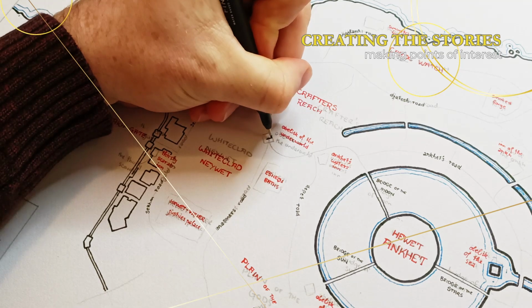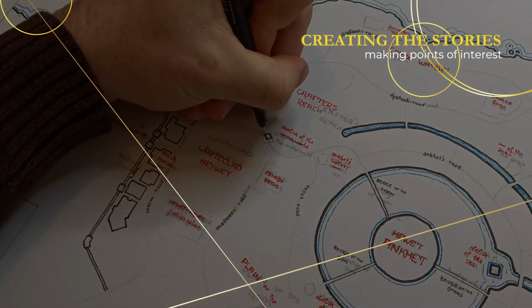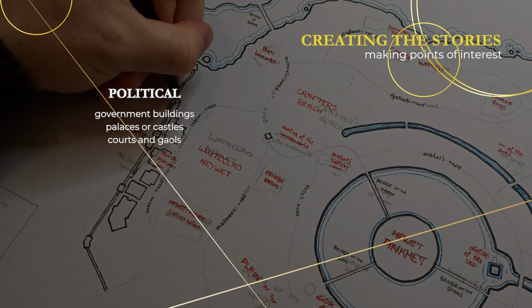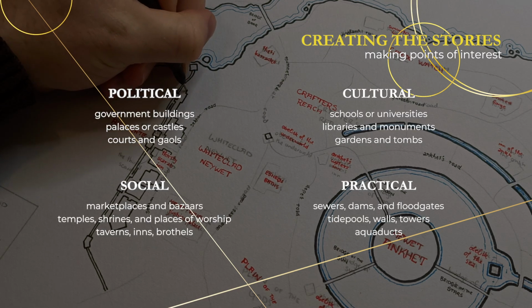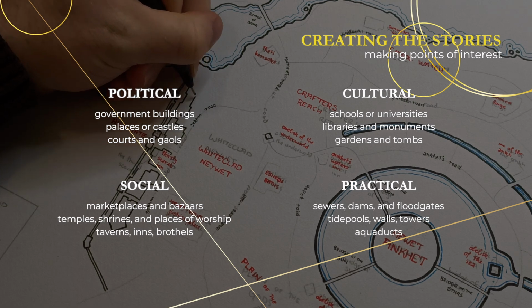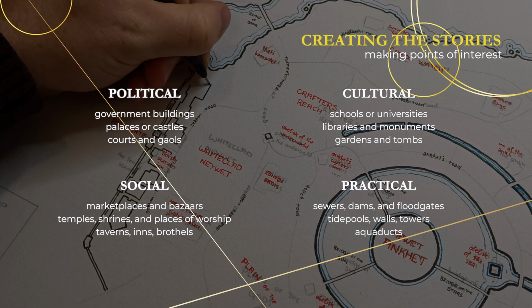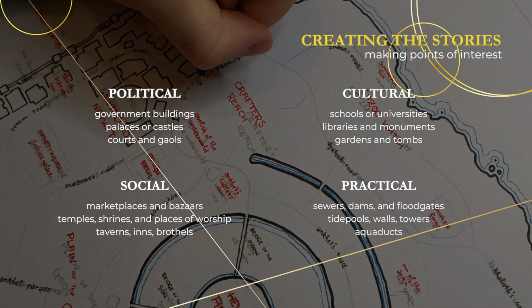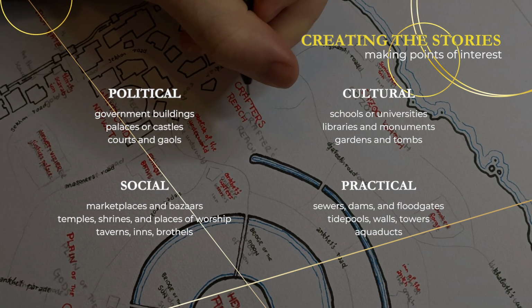So when we're making those buildings, you've got to think about the concepts that are behind the building of them. Are they political, social, cultural, or practical? And everything in the city can be divided into one of those 4 categories. All of the political buildings, that encompasses everything from the palace to the court system to the jails to the propaganda houses, depending on what your city is doing.